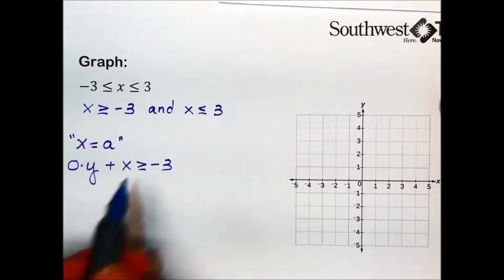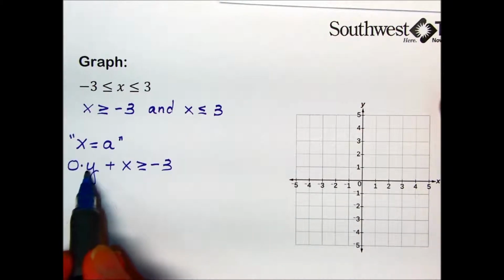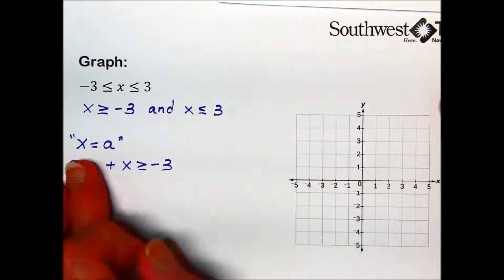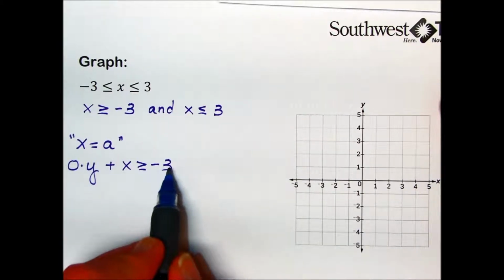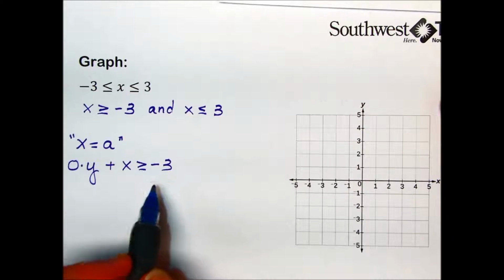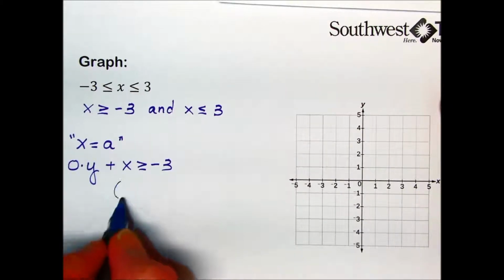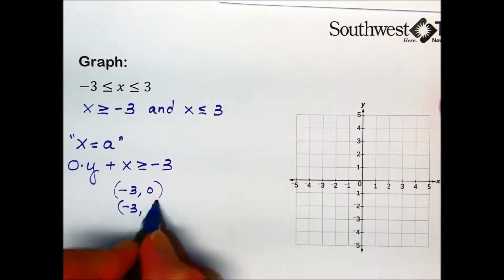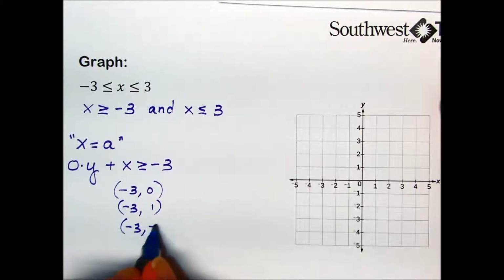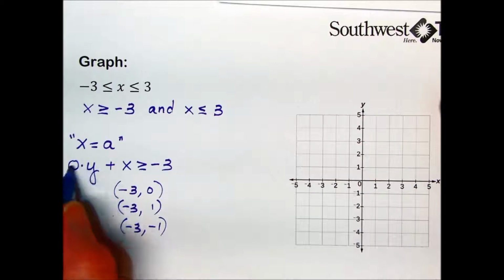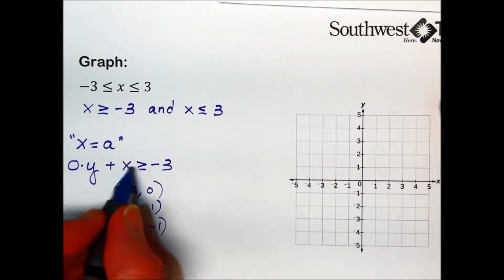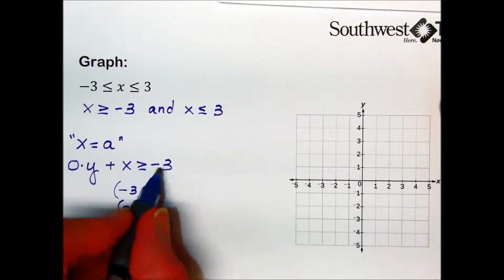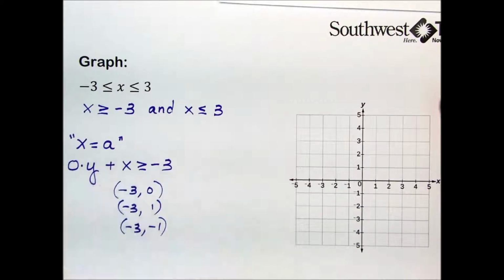I haven't changed anything, but at least you can see as you pick your y values, whatever they are, they can be a variety of values, they get zeroed out. x will stay a constant -3. So what it results in would be some points of (-3, 0), (-3, 1), (-3, -1). The y can change because it's zeroing out. The x is going to stay equal to -3. We'll deal with the greater in just a minute.